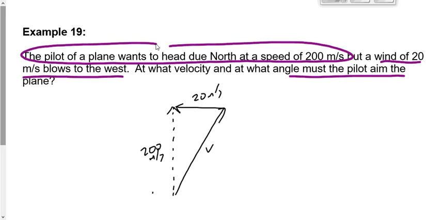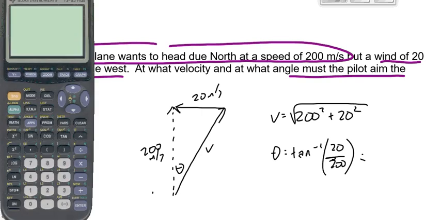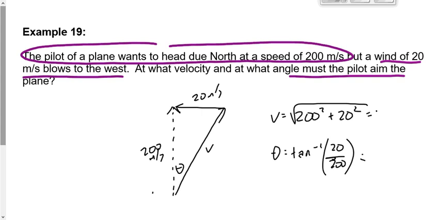Now we're going to solve for it in the same way. We're going to say V is equal to the square root of 200 squared plus 20 squared, and theta is equal to the inverse tan function of opposite over adjacent. That's 20 over 200. We should end up with a pretty small angle there again, right? Square root of 200 squared plus 20 squared gives me a value of 200.9, or just 2.0 times 10 to the 2.